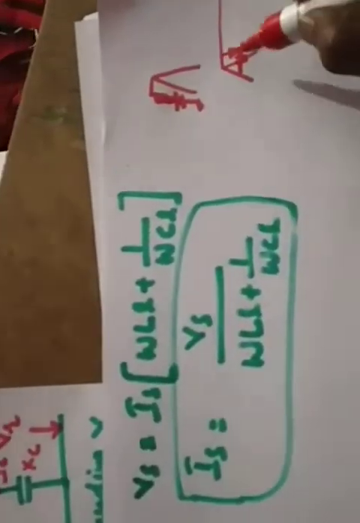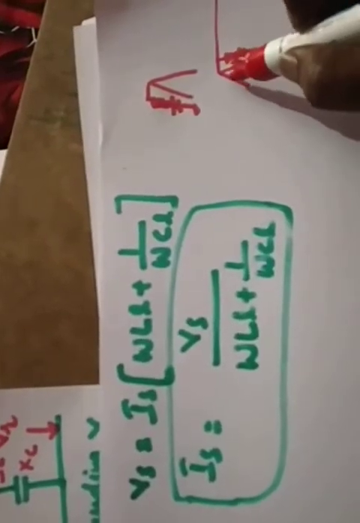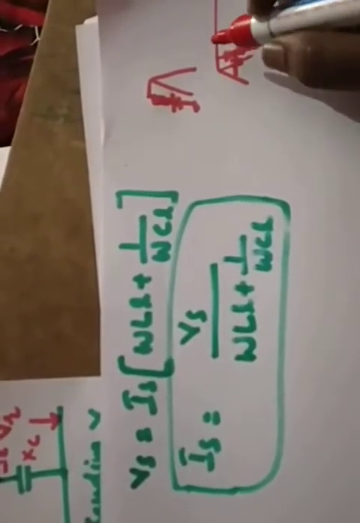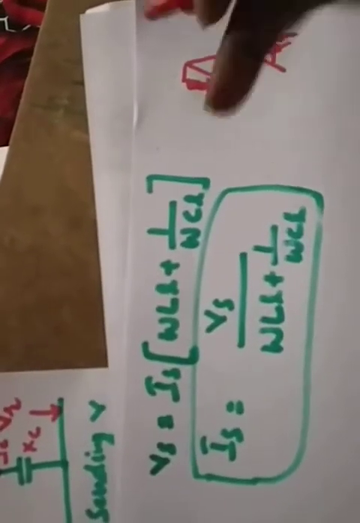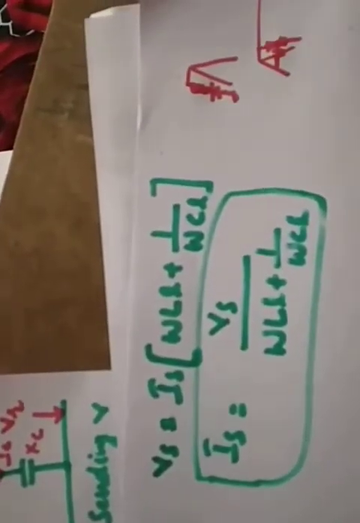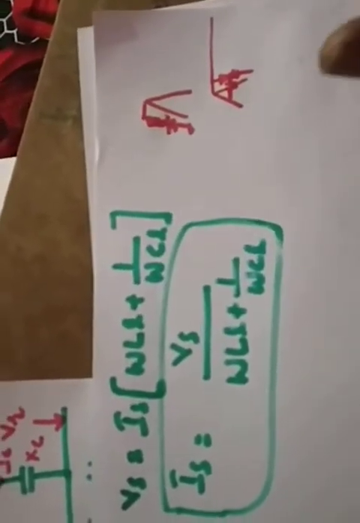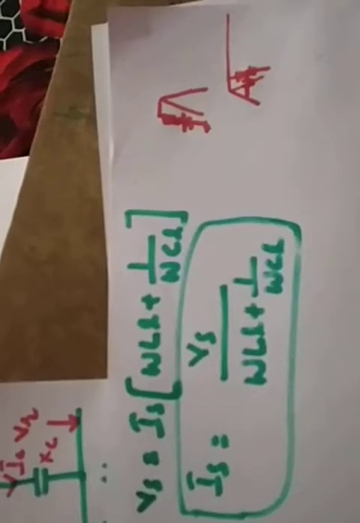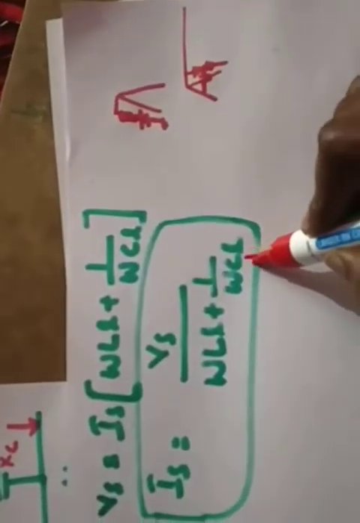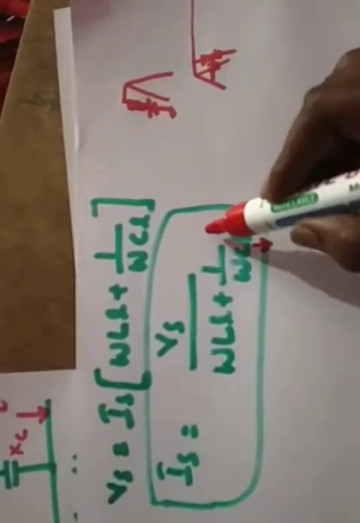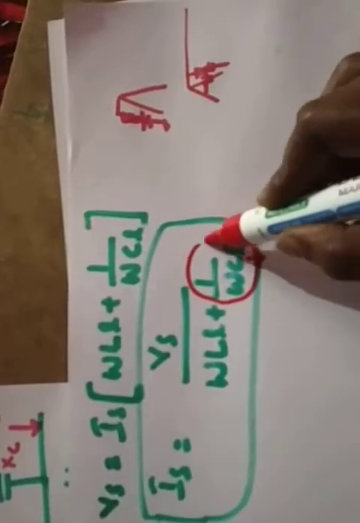Whatever capacitance exists between the conductor and the tower or metallic frame, we can call it a shunt capacitance, which we discussed in detail in the string efficiency concept. That capacitance value will be very small. If the capacitance value is very small, then 1 by omega C l will be very high.